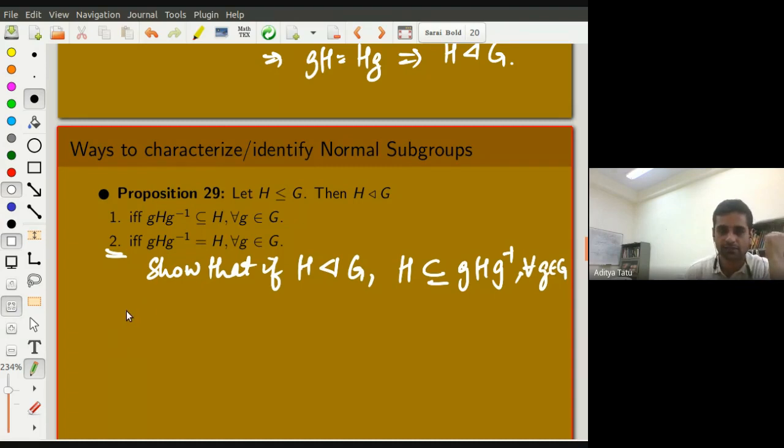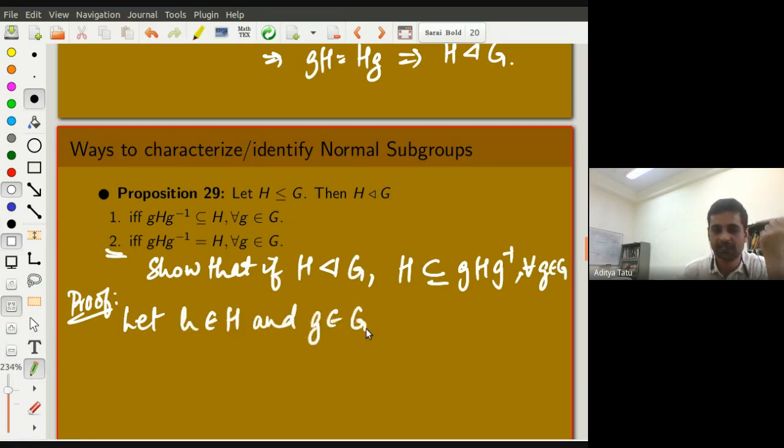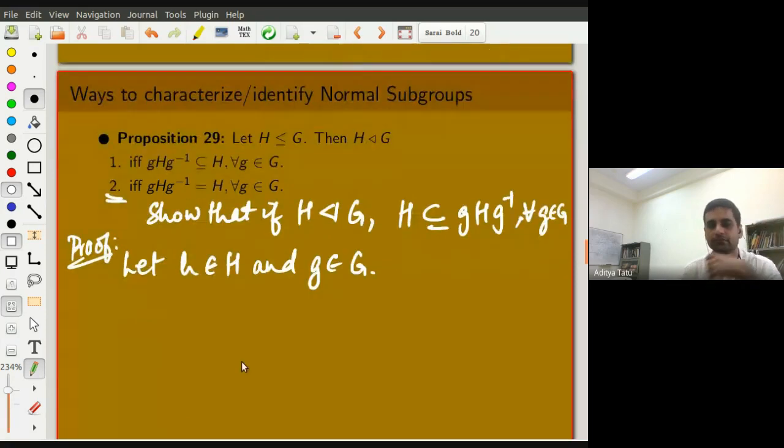So let's just start from what is given to us. Let H be an element of H and G be any arbitrary element of G. What can we say about G inverse HG?